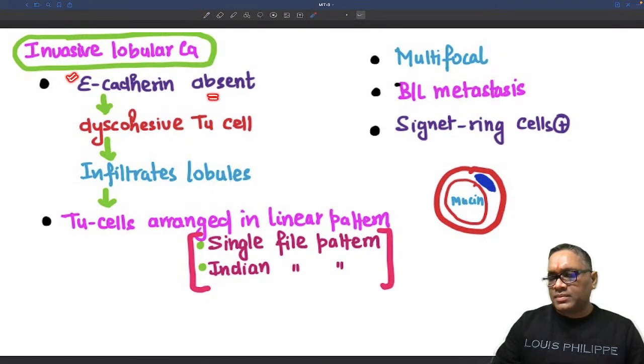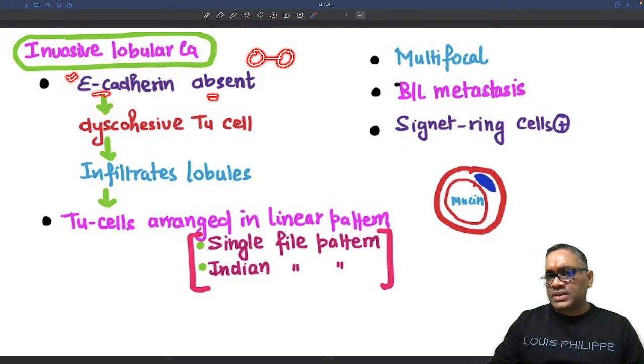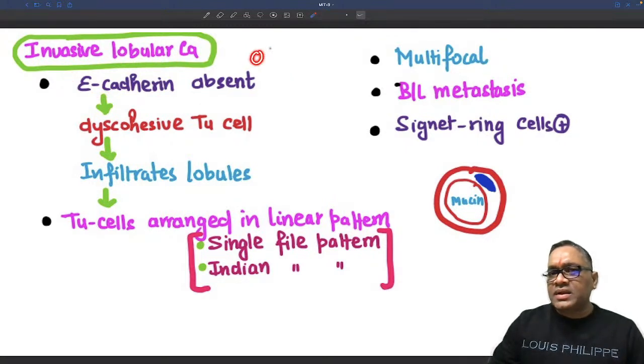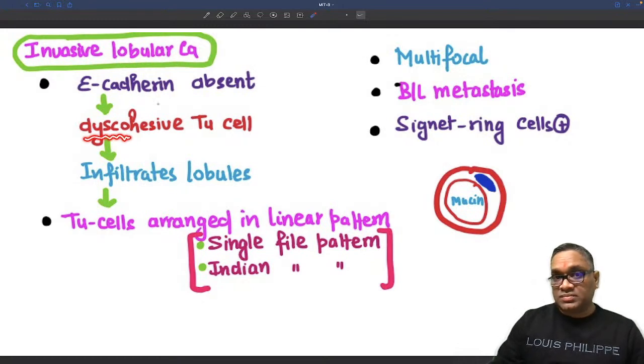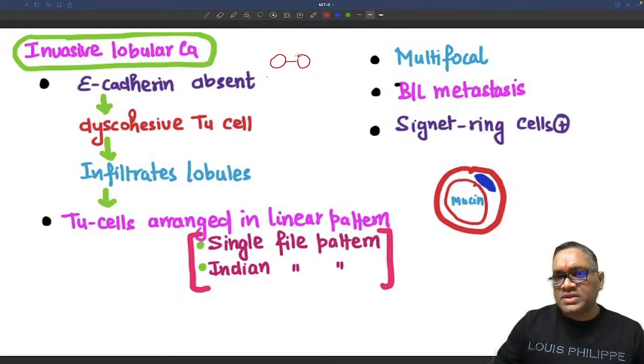E-cadherin will be absent. E-cadherin actually connects two cells together, right? So whenever E-cadherin is absent, the two cells will be detached. That is why the cells are discohesive, meaning they are not attached, right? As I said, E-cadherin attaches two cells, but when E-cadherin is absent, there will be no attachment. So this is called discohesive tumor cells.